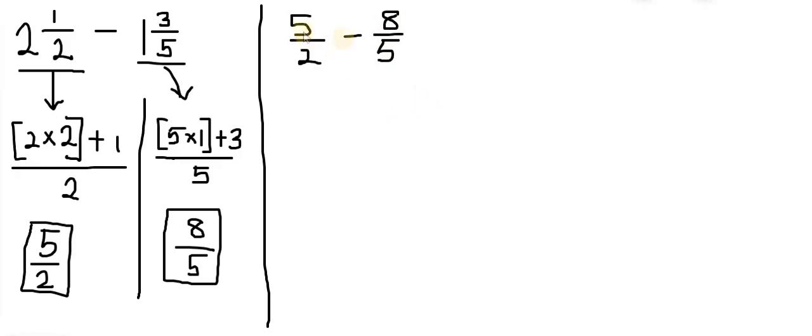And so we do the same process. We go across 5 times 5. Sign in the middle is a minus, so we have a minus. And then we go 2 times 8.